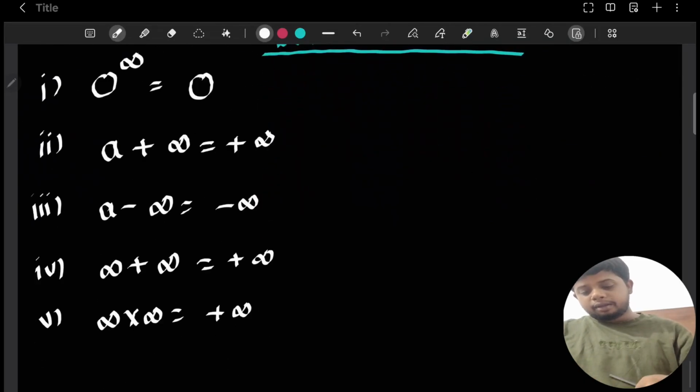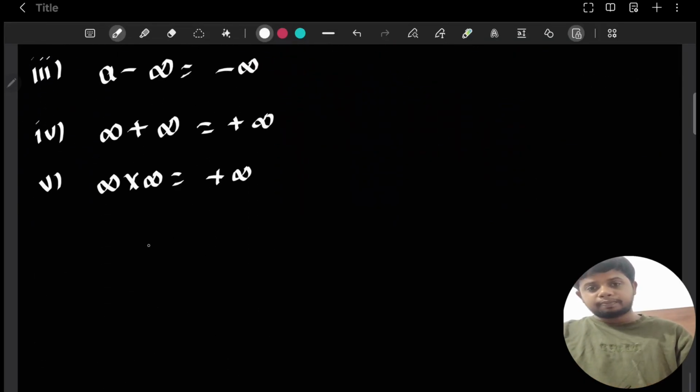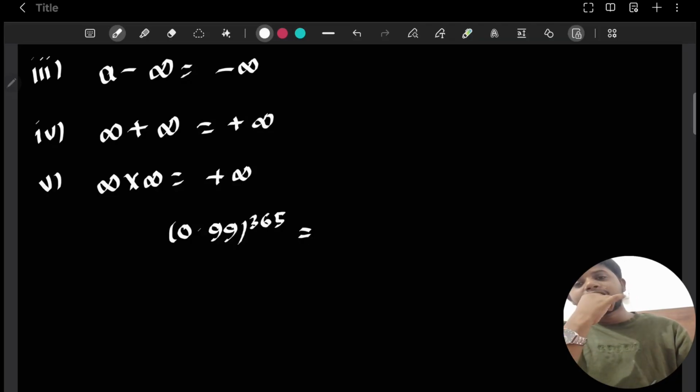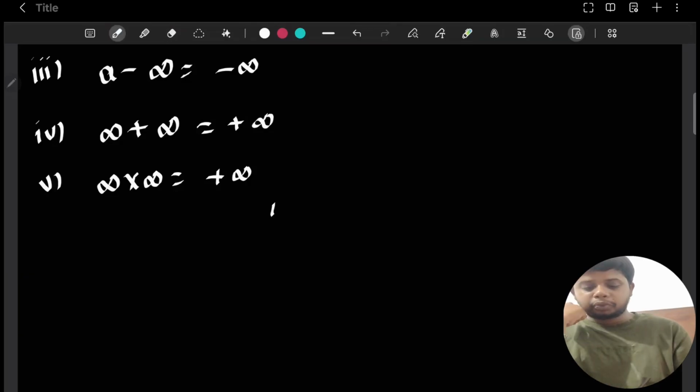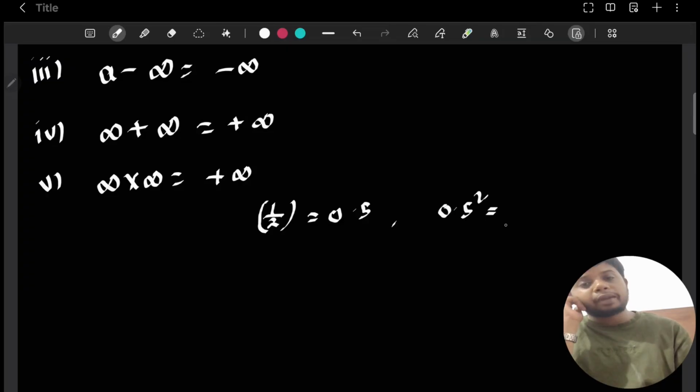Now before moving, tell me one thing. If I take 0.99 power 365, what will we get? Okay, if you have not understood that, let's take 1 by 2, which is 0.5. Let's say I want 0.5 power 2.